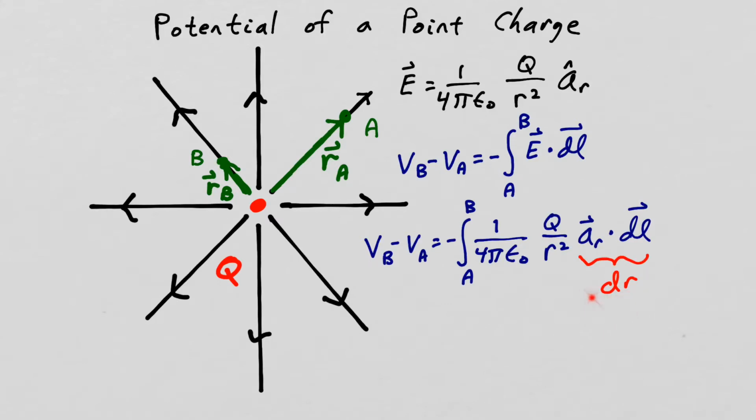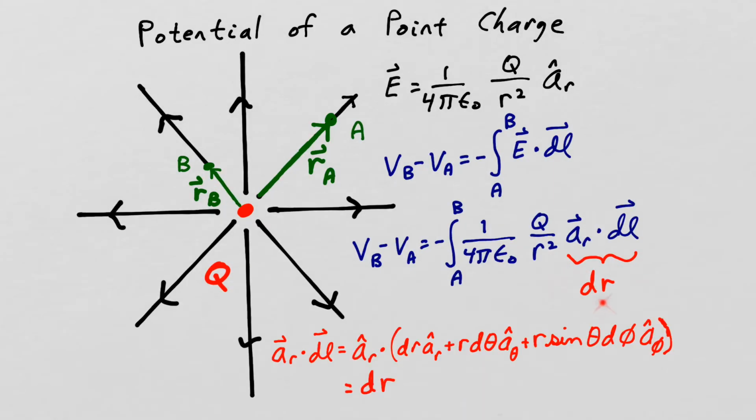That will just be our differential in the R direction, dr. You can verify this by taking the dot product of the unit vector in the R direction with the differential length in spherical coordinates. AR dot AR is 1, giving you a dr, AR dot A theta is 0, and AR dot A phi is 0.